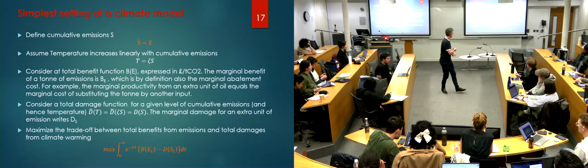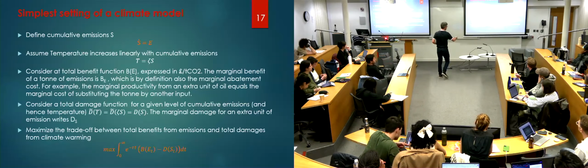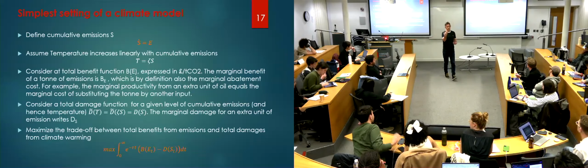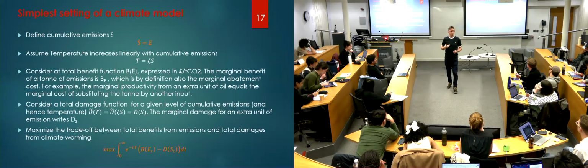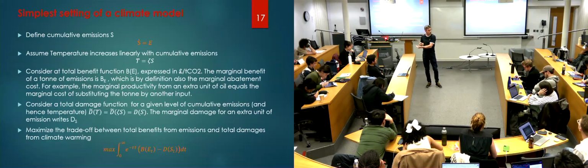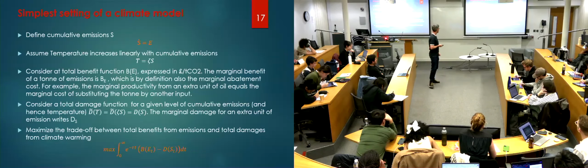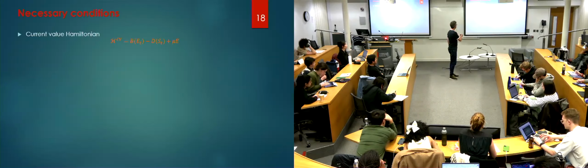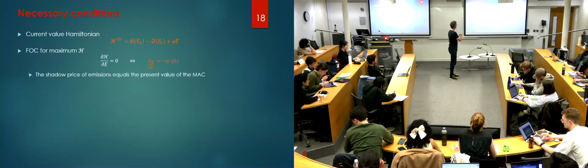So this is the total benefits from emissions, and this is the damages from cumulative emissions. Because damages are driven by temperature, it's the stock that determines the damages, and it's the flow that determines the benefits. And so we have a Hamiltonian, very simple.